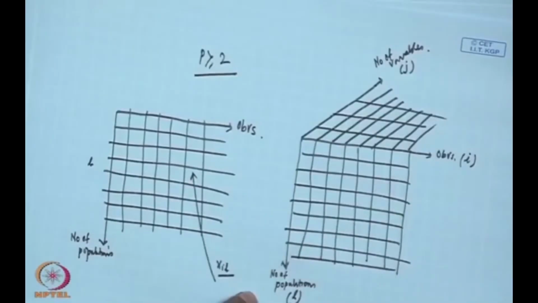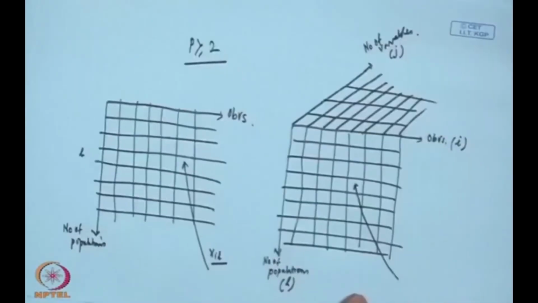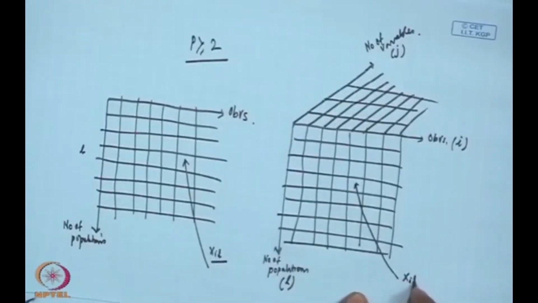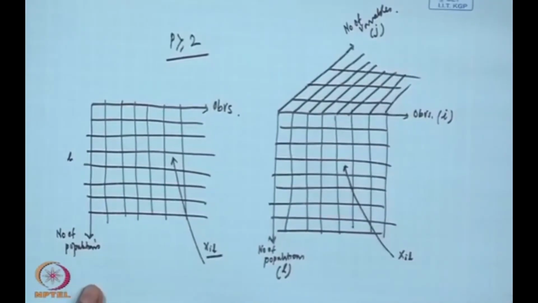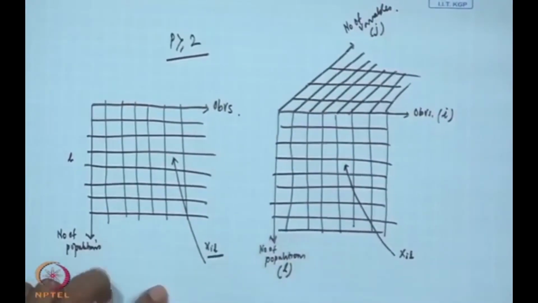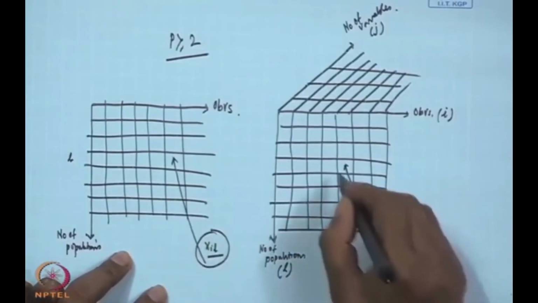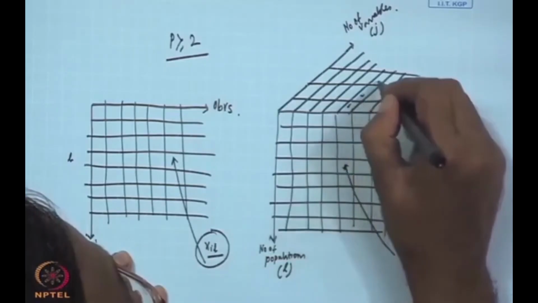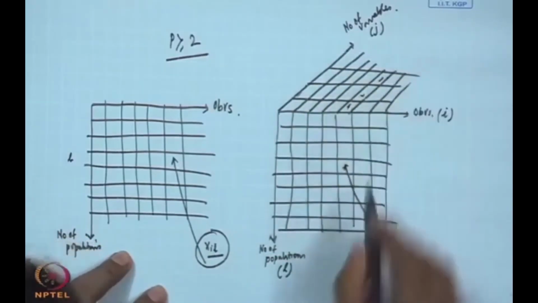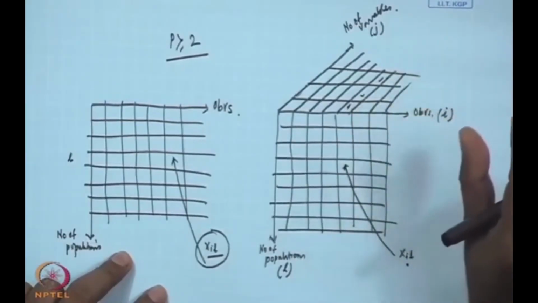Getting me? What will happen for any observation? Suppose this is my xil. Then xil is no longer a scalar quantity. In ANOVA this is a scalar quantity, in MANOVA it is not, because for this cell, if I go 1, 2, 3, depending on the number of variables, this xil will have more values.